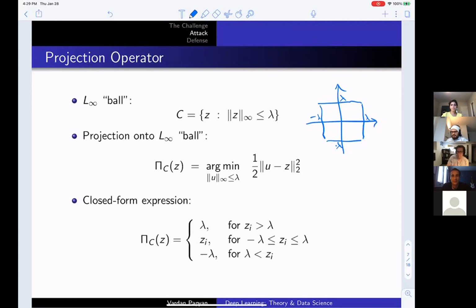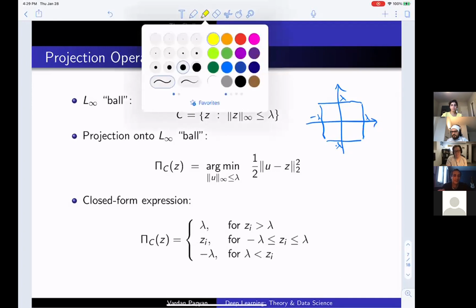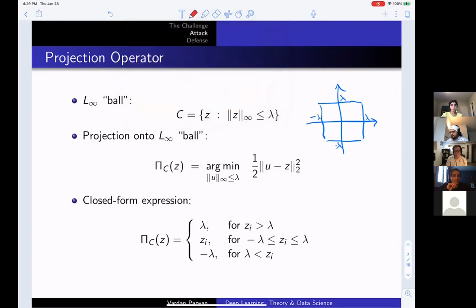Okay. And then the projection onto the L infinity ball says the following. Imagine I give you a vector, which is, let's say, this vector, denoted by z. And you're trying to find the closest point u, in terms of the L2 norm to z, which is within the lambda L infinity ball.